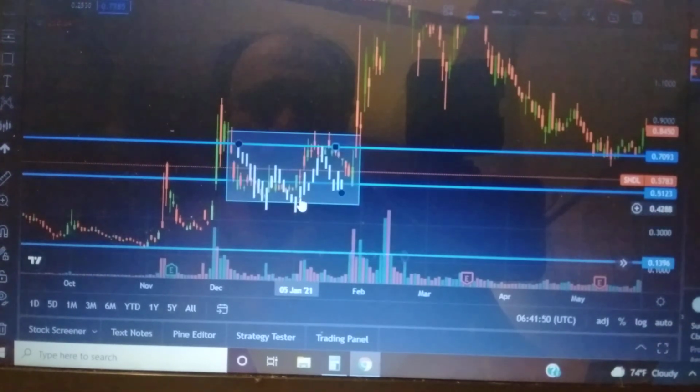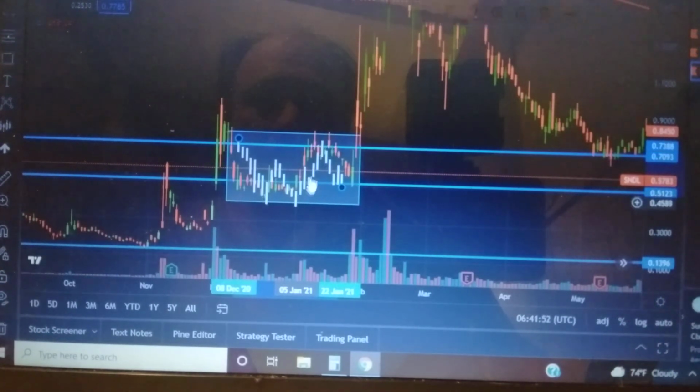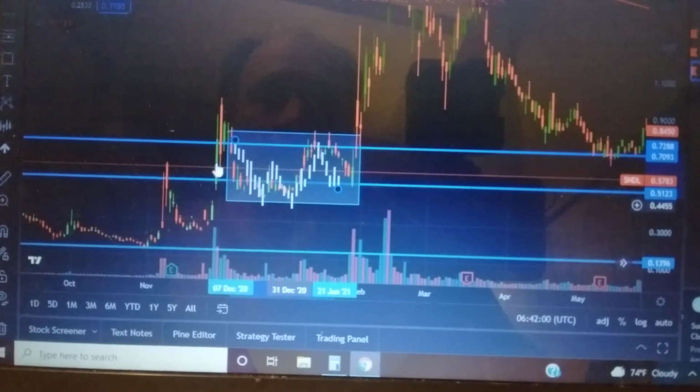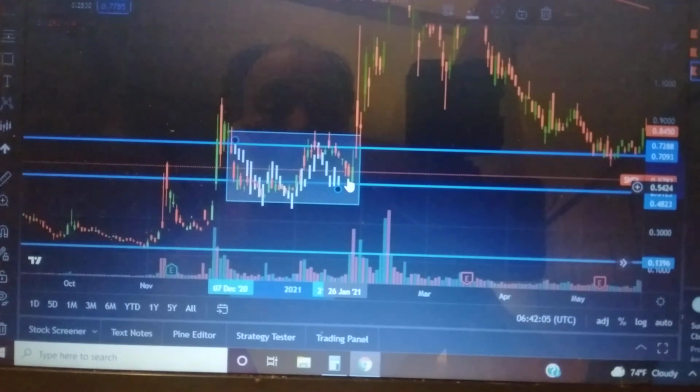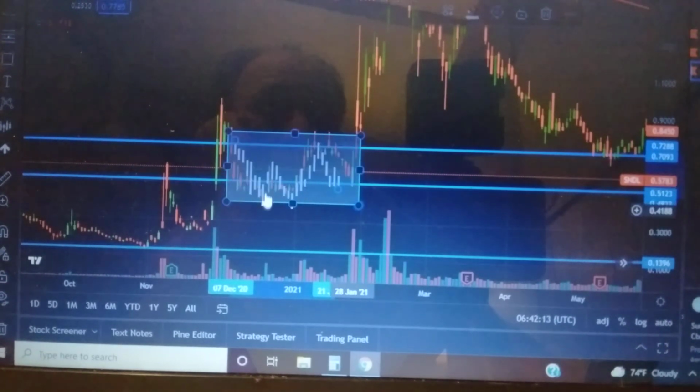If I line this up a little better, you'll see it tested above it, and then it broke down. The W broke down in both boxes, the past and the present. So what we were looking for was a George W to form somewhere but then break down, and that's exactly what happened right here.